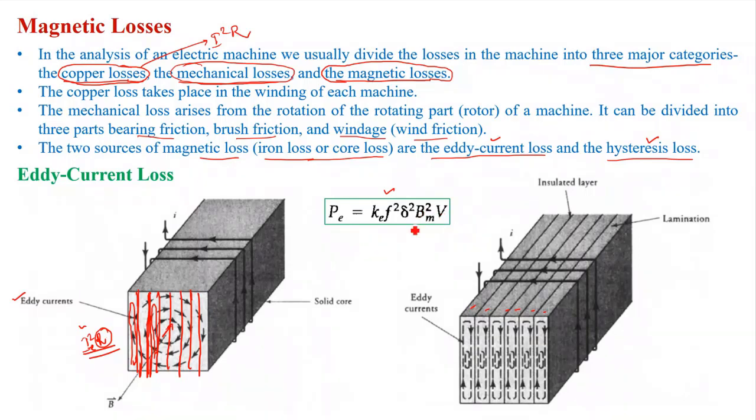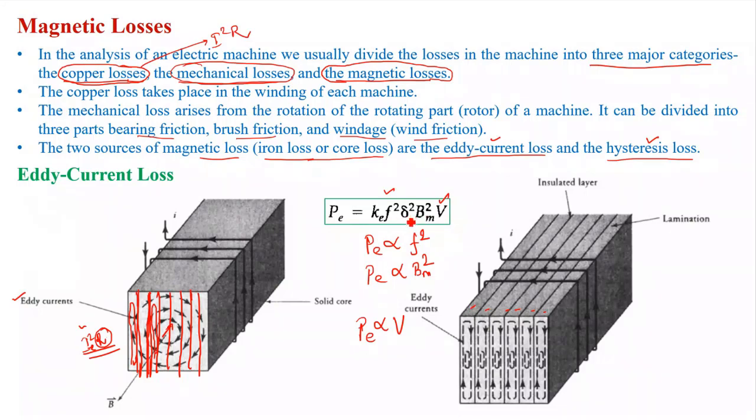Okay, so in the experiment it is found that P is directly proportional to F square and P is directly proportional to BM square, and obviously it will depend upon the volume of the material. So P is directly proportional to V. V is the volume of the material here, not voltage, right?